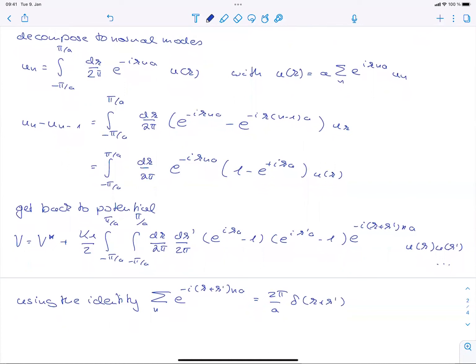Which means that if I now take the sum over all n's here, then I would have only a contribution for the integral for k prime equal minus k, right?